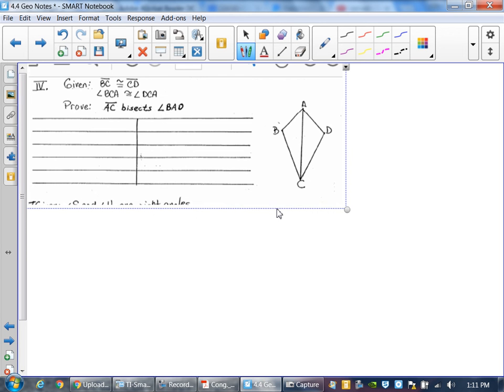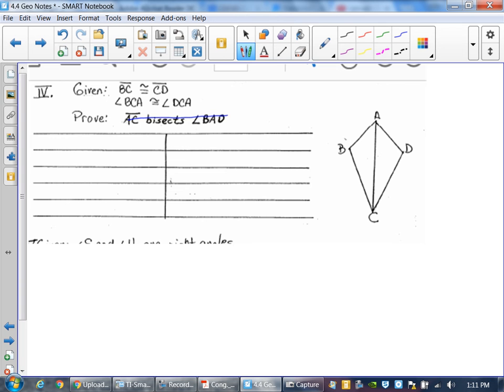Gently cross out this portion, and we're going to write triangle ABC, triangle ABC. The 5th one you're fine, because it has it written up just as a triangle.